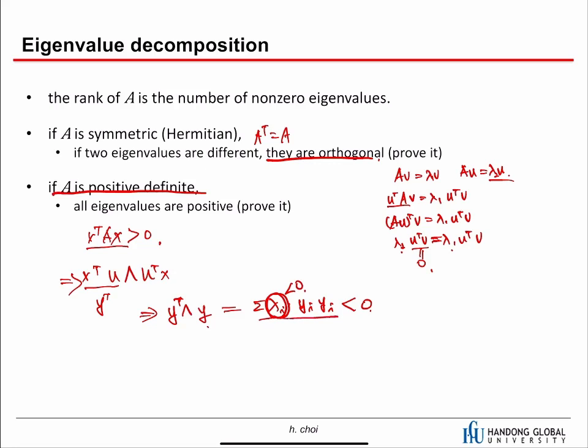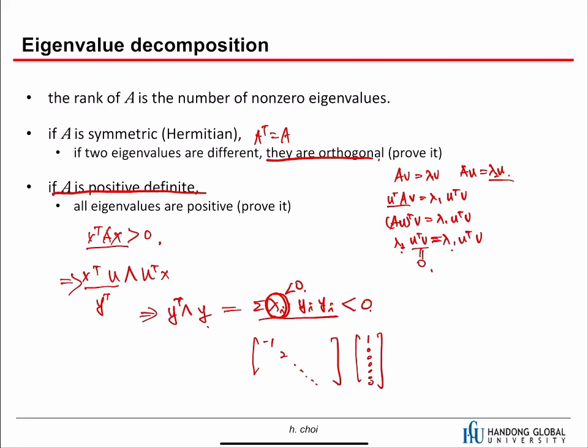For example, if lambda 1 is negative, minus 1 or something, and we have positive eigenvalues for the rest, then Y could be something like 1 0 0 0 0 0 0.